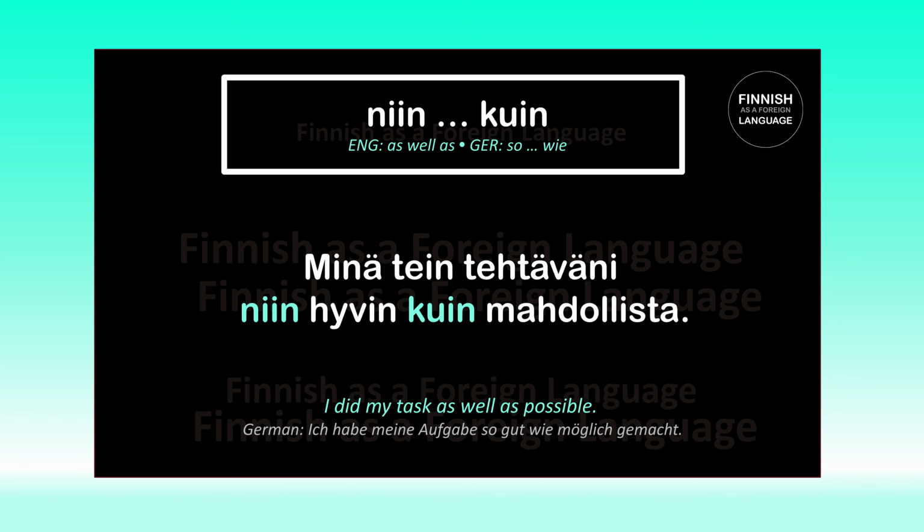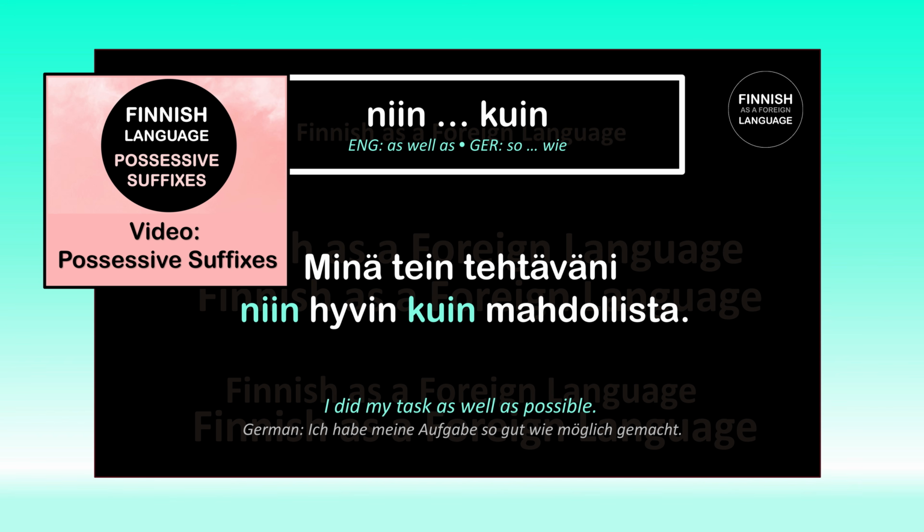Tehtäväni here is a combination of tehtävä, which means task, plus ni, which is the possessive suffix for the first person singular. Niin kuin here is our linking pair. Hyvin is an adverb meaning well, and mahdollista here is the partitive case of mahdollinen meaning possible. So let's repeat again. Minä tein tehtäväni niin hyvin kuin mahdollista. I did my task as well as possible.